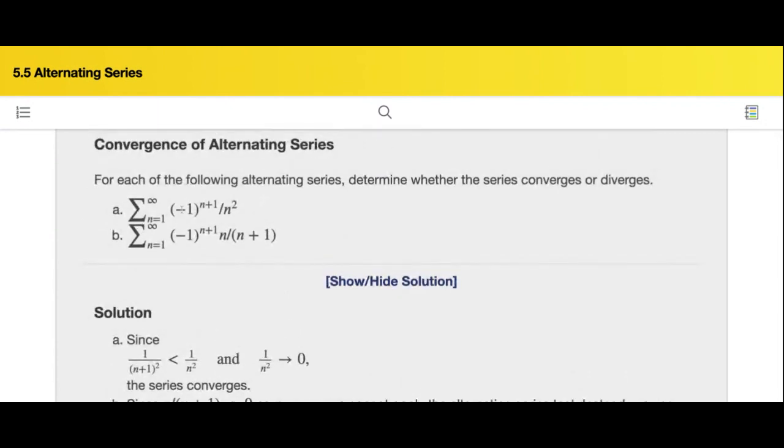So the series of A converges, right? This is for all p-series, converging p-series. So this is p equals 2. You can say p equals 3, p equals 4, and so forth, as long as p is greater than 1. So alternating p-series for p greater than 1 converges.